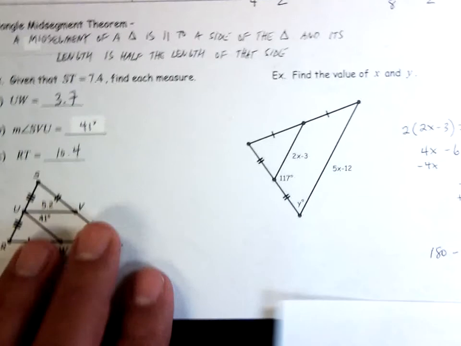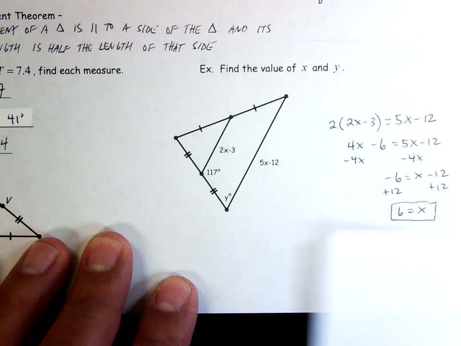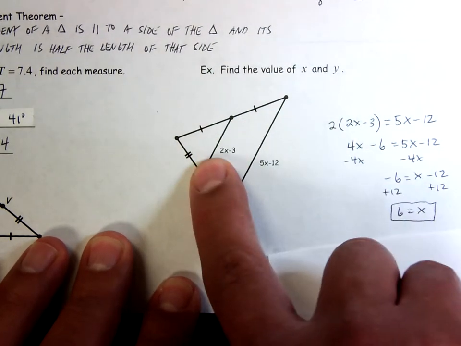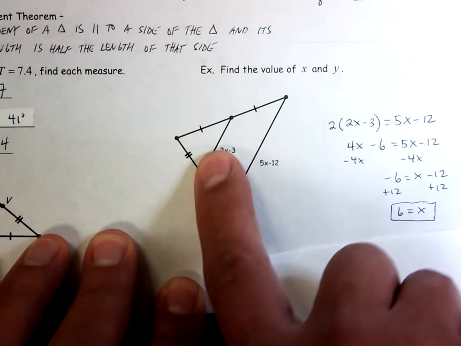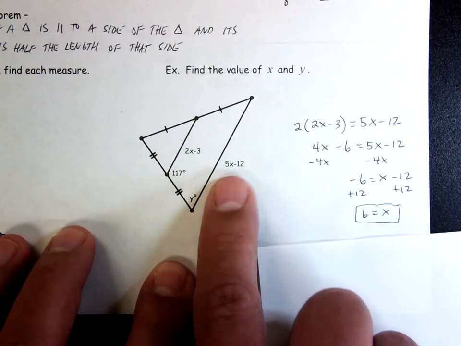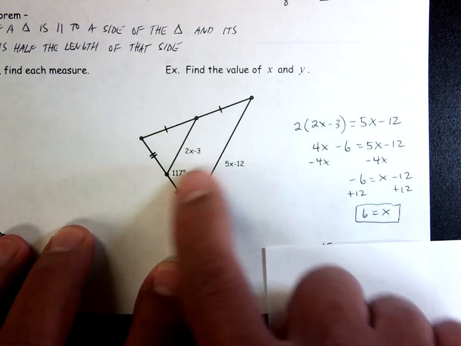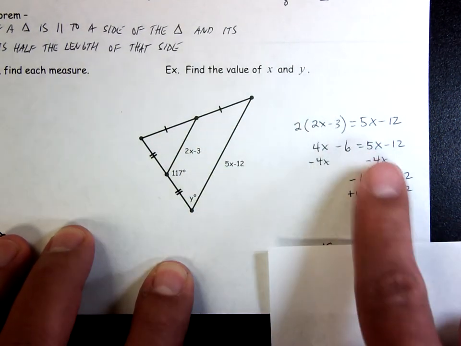And over here, okay, I've got some midsegments. This is a midsegment, so this piece must be half as big as this piece, or I can do 2 of these equals this. So I'm doing 2 times 2x minus 3, so 2 of these must be equal to this, equals 5x minus 12.